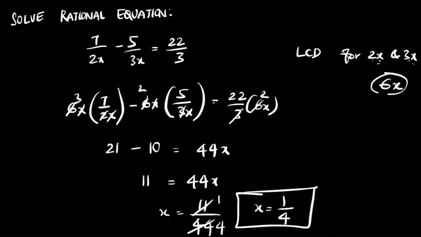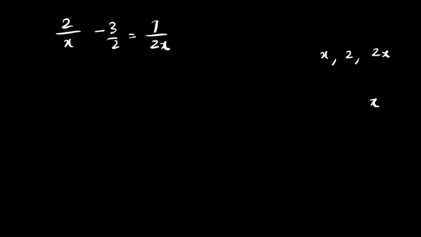So try another problem as an example. Try 2 by x minus 3 by 2 equal to 7 by 2x. Let's try this problem now. In this again we have to find the LCD. The denominators are x, 2 and 2x. First look at the variable. The least common variable is x. Then the numbers: there is 1, 2 and 2, so the least common factor is 2.